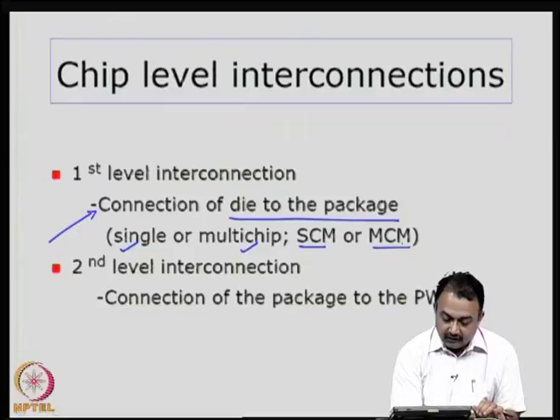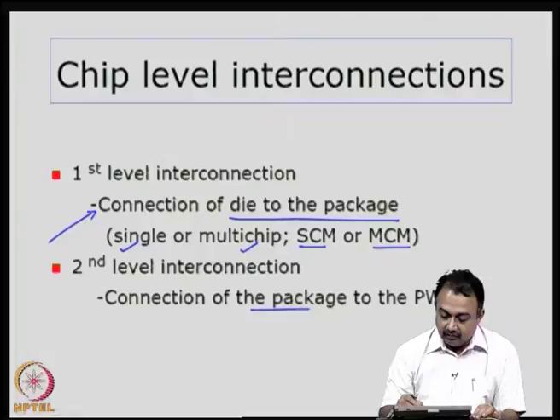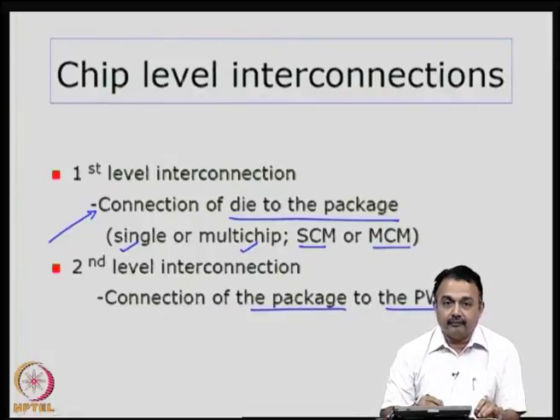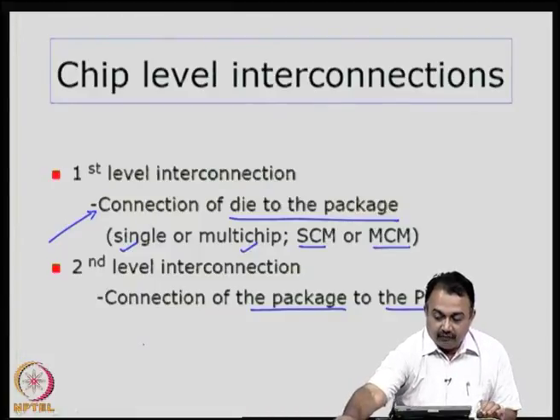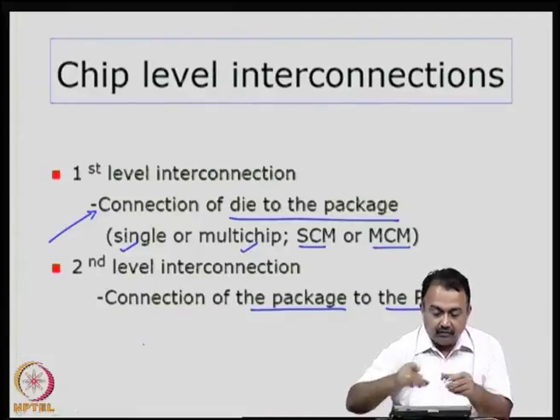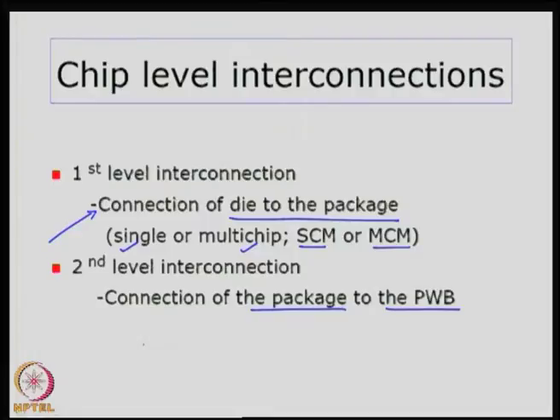The second level interconnection talks about connection of the package, okay, to the printed wiring board. So, basically your QFP or a DIP package or a BGA, as you know, all of these are single chip packages.